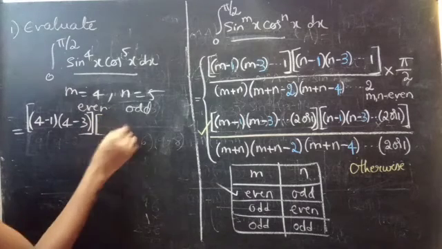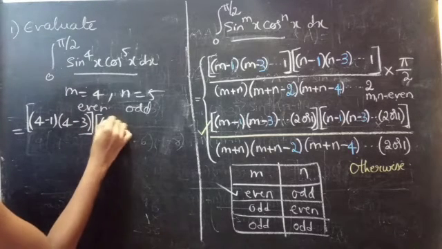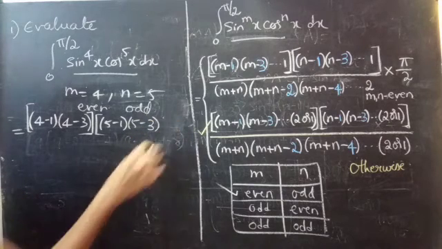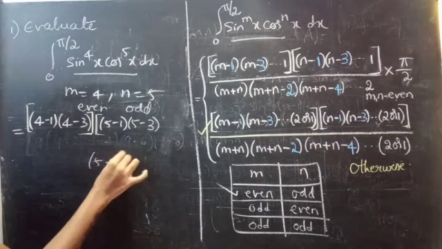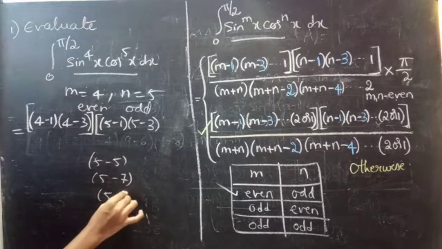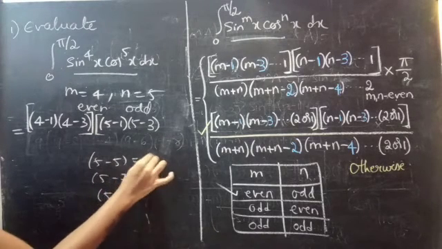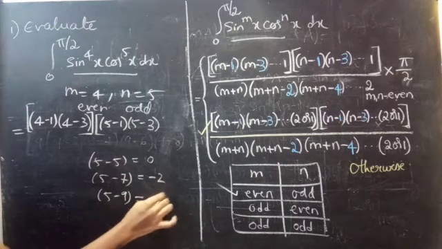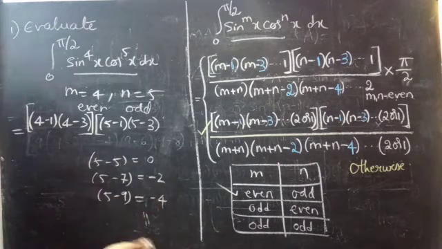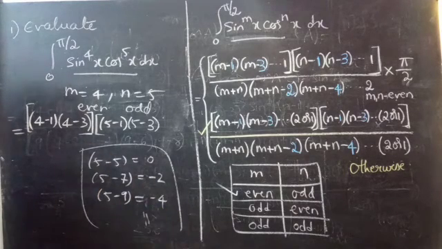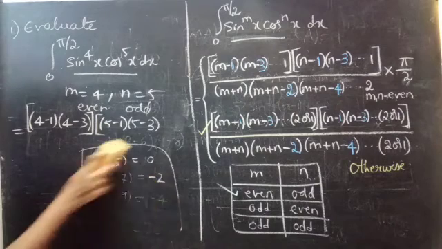Into, now for n you are having 5. That is 5 minus 1, 5 minus 3, into, again you'll get 5 minus 5, 5 minus 7, 5 minus 9, which is equal to 0, minus 2, minus 4 and so on. So you have to neglect all these numbers.